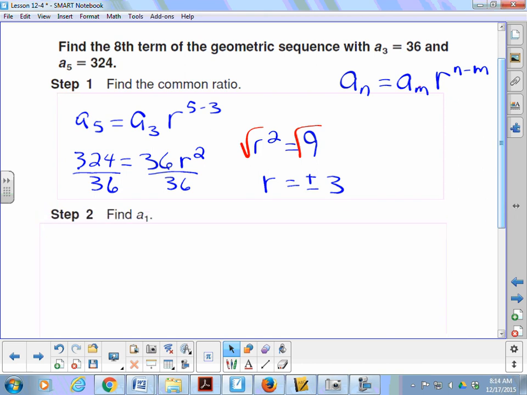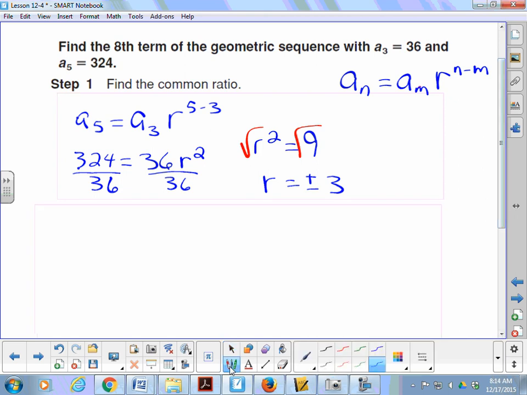And we're at 324, okay? And that's the fifth term, right? So if I multiply by 3, what do I get? 972. So that's the sixth term, correct? So here's the fifth term, here's the sixth term. Seventh term would be what?